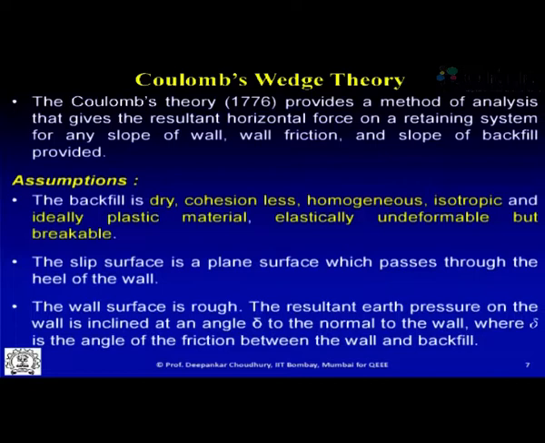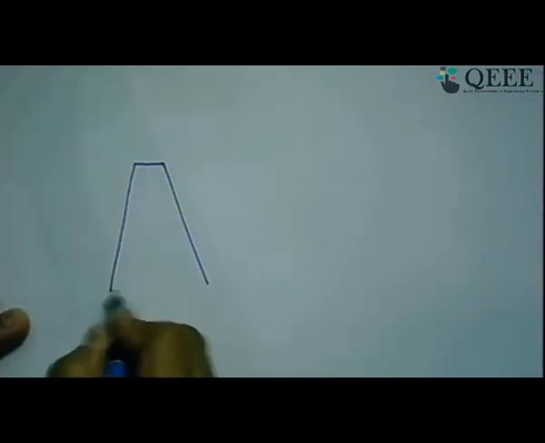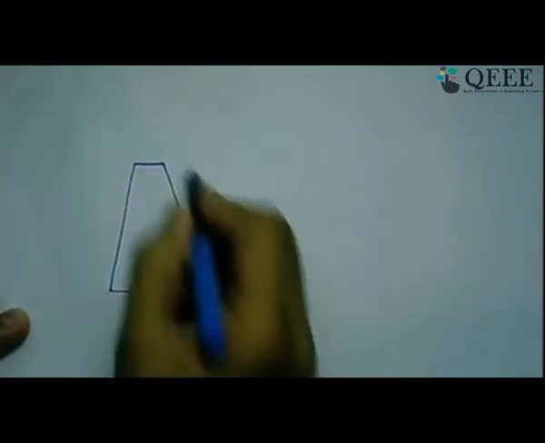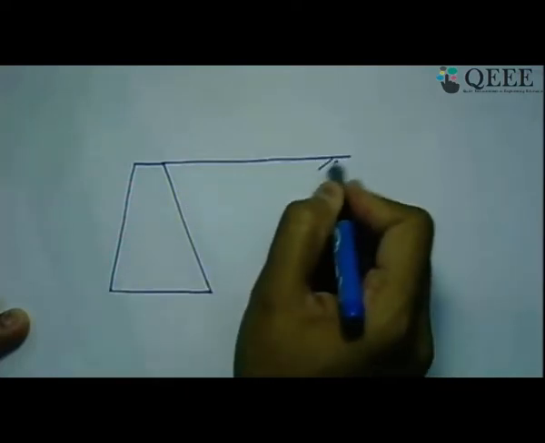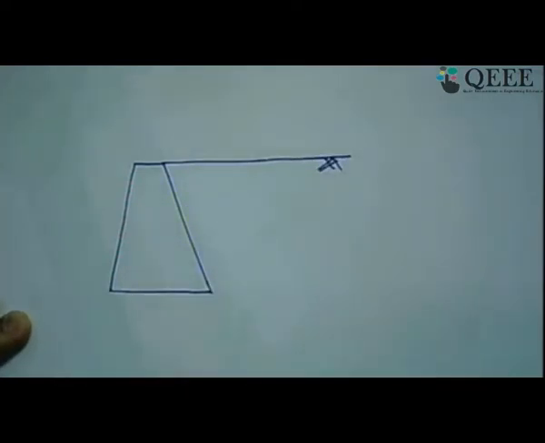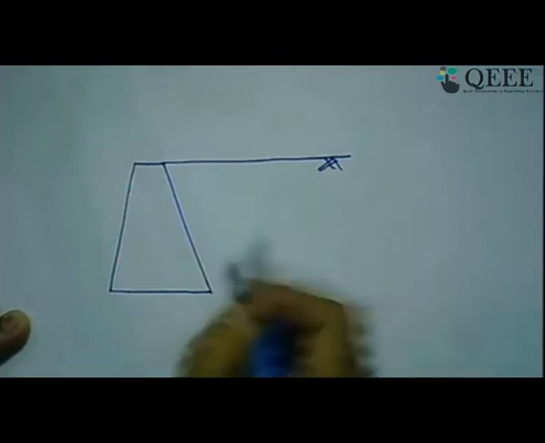So if we want to see a special case of application of Rankine theory for an inclined wall, how we apply, let us see. Suppose we have a rigid retaining wall which has a cross-sectional view like this, and this is the backfill soil.